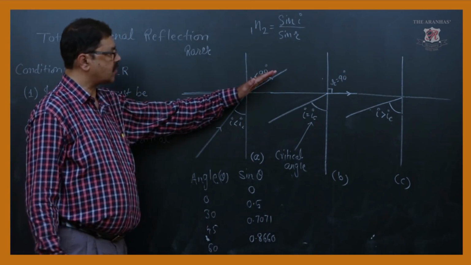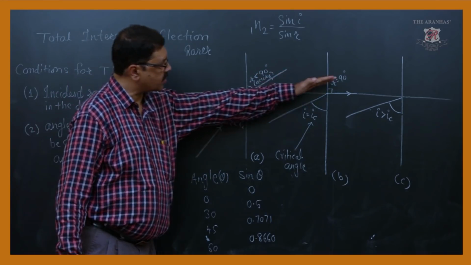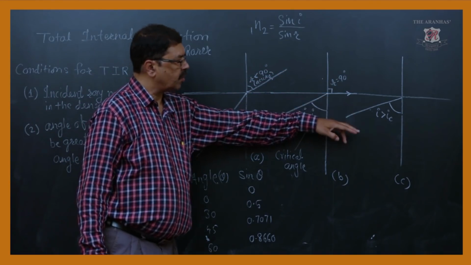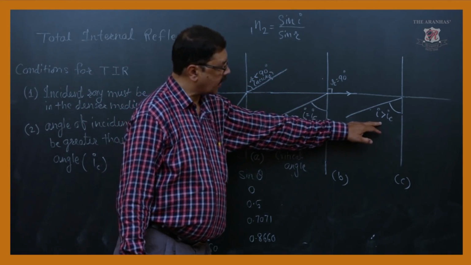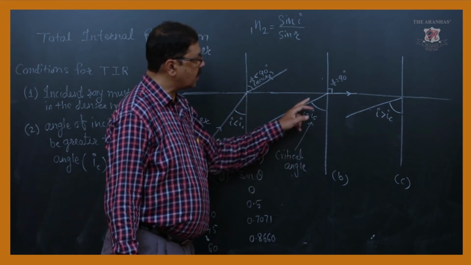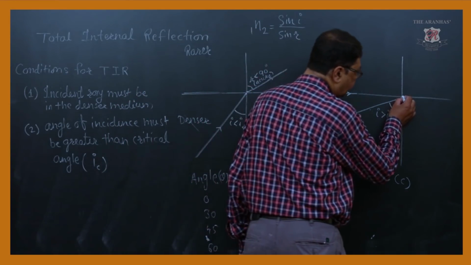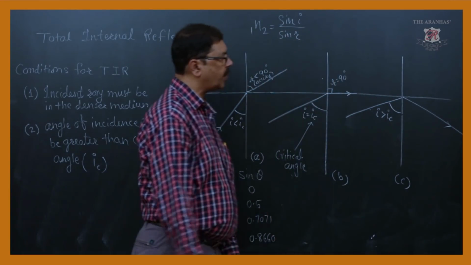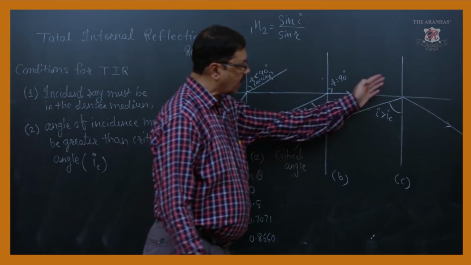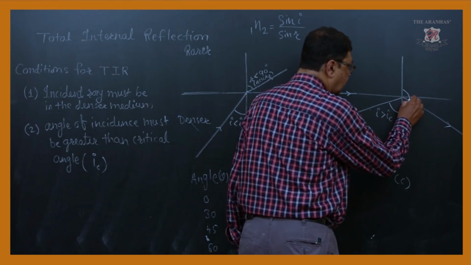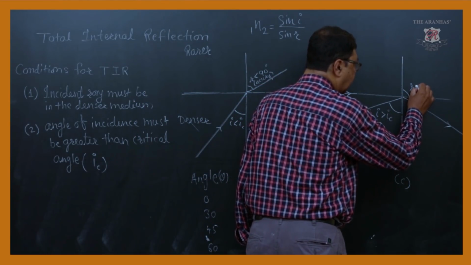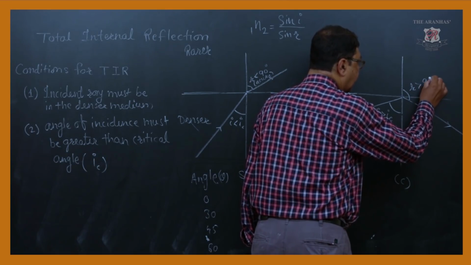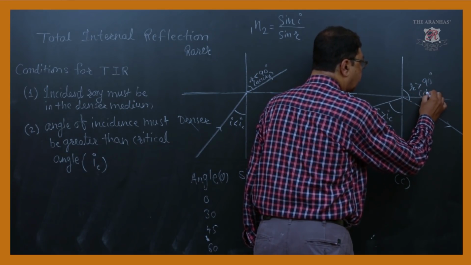See, initially ray was entering the rarer medium, now it is travelling along the surface. For angle of incidence greater than critical angle, this refracted ray comes back into the denser medium. This is as good as reflection. Here what is the condition? Angle R greater than 90 degree or obtuse.